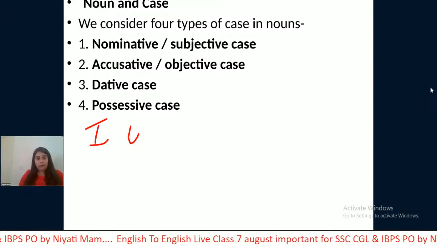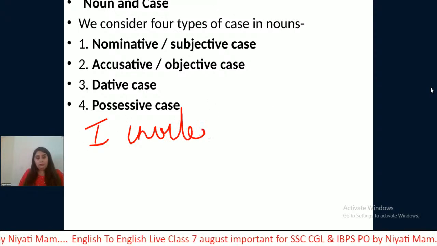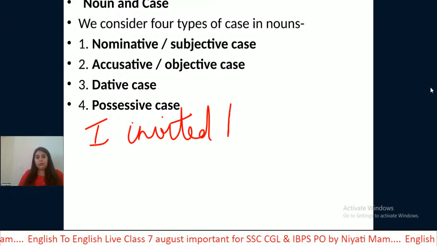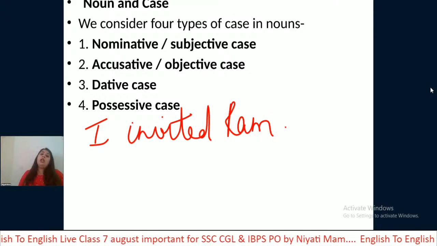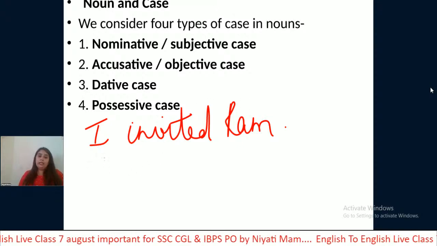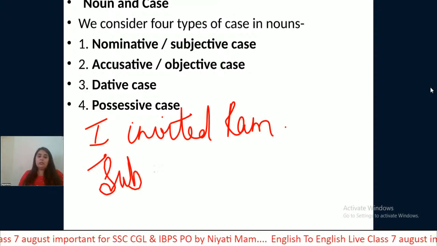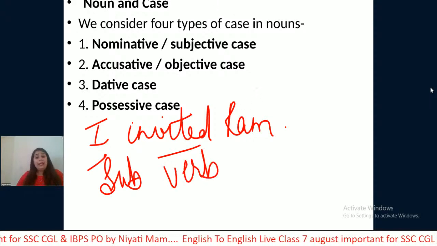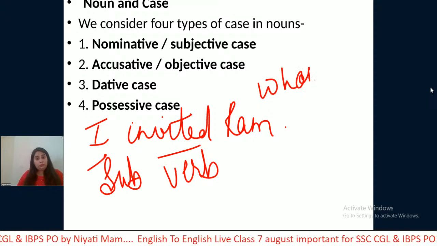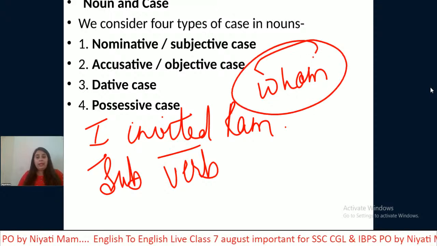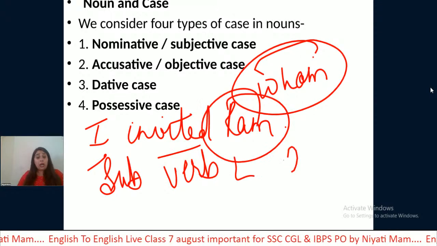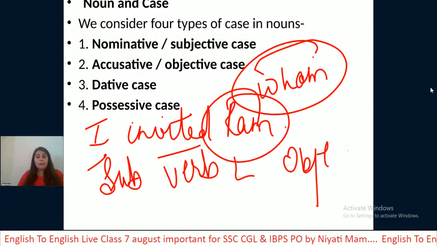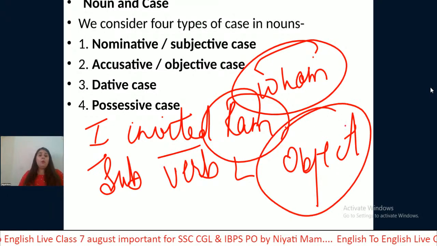I invited Ram. Now, in this sentence, I is the subject, invited is the verb. Now, I invited whom? I invited Ram. So, Ram is the object here.